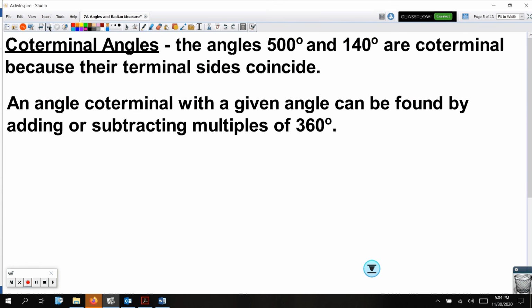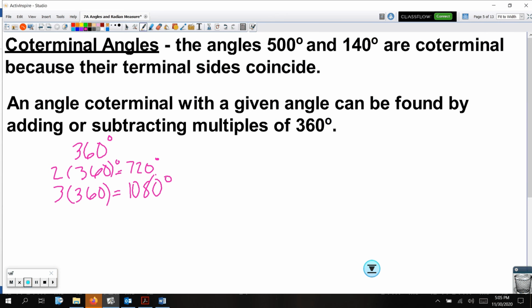All right, so let's look. We need to know the multiples of 360. So 360 times 1 is 360, 360 times 2 is 720, 360 times 3 is 1080.